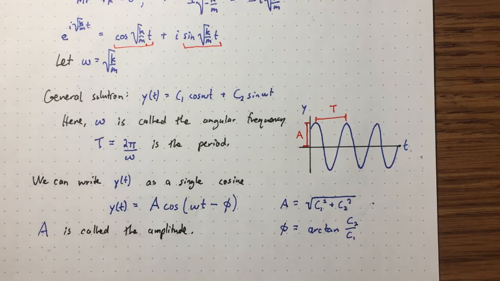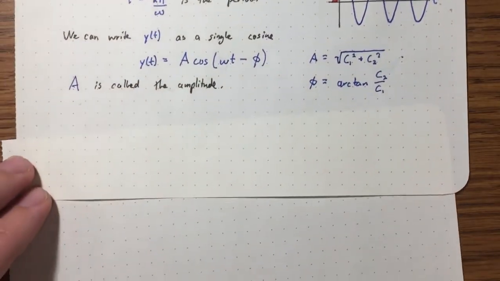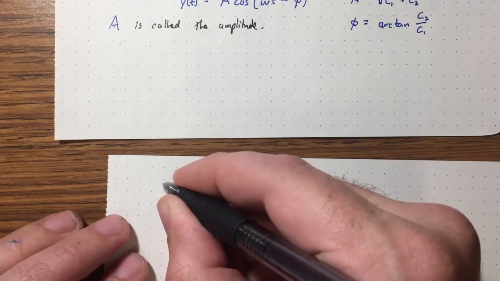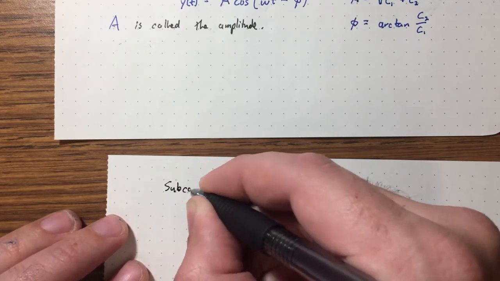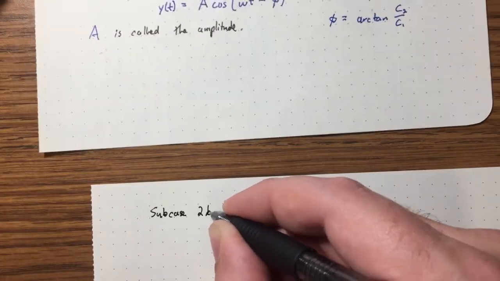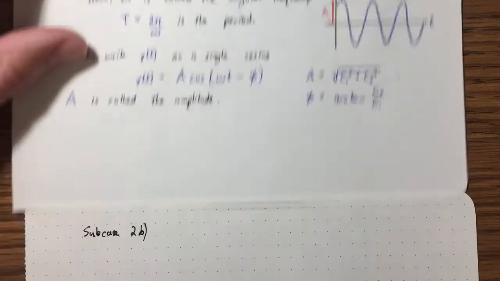Let's look at something a little more complicated now. We're on subcase 2b. So subcase 2a was no damping. Now let's have damping.